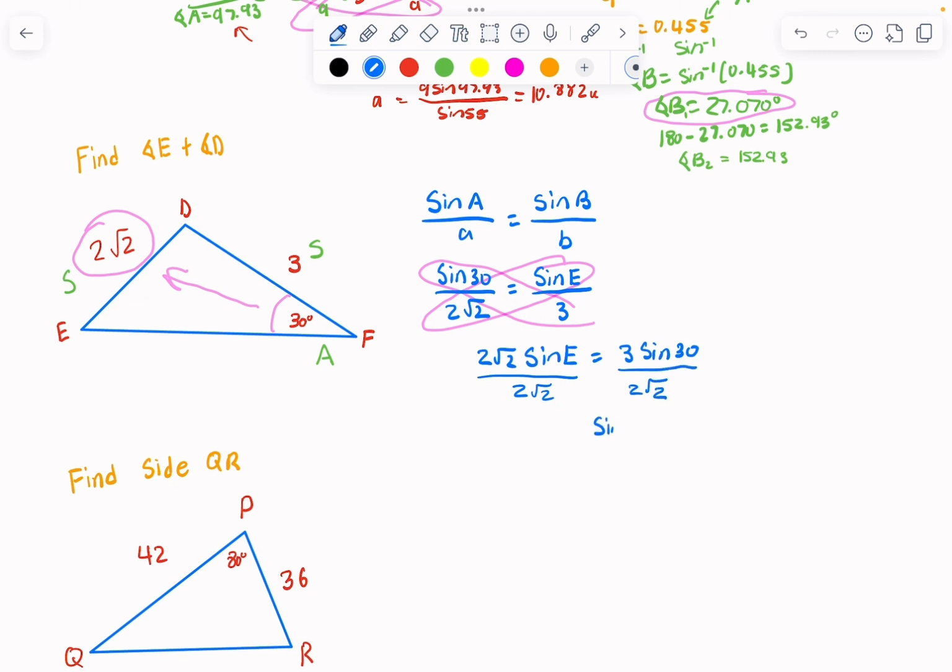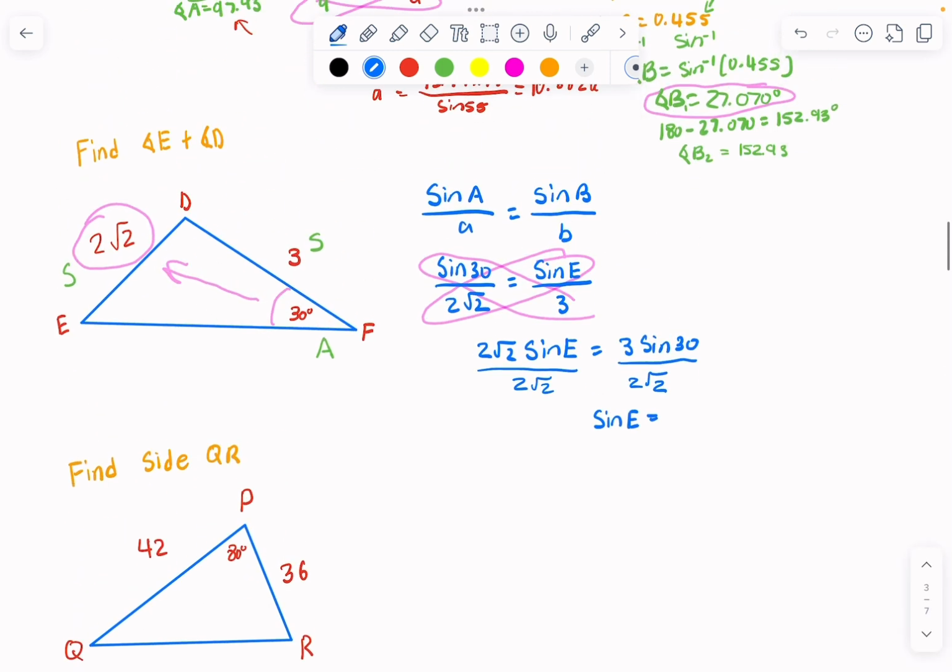So sine E equals, plug it into the calculator. For this, you're going to have to solve for 2 root 2 first, or else you're going to get an impossible number, which is greater than 1, and you can't get an angle with a sine that's greater than 1.